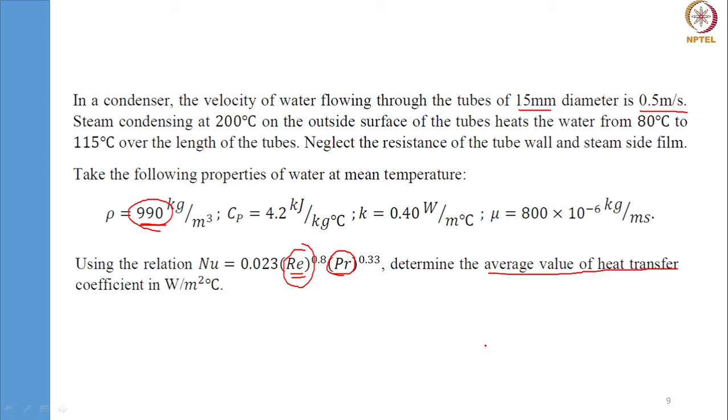Any answers for Prandtl number? Is it 8.4 into 10 power minus 3? I think you have substituted a wrong unit for Cp. It is in kilojoule.